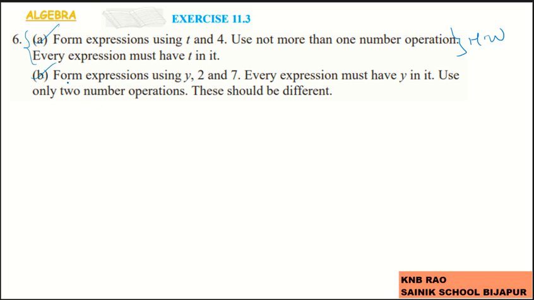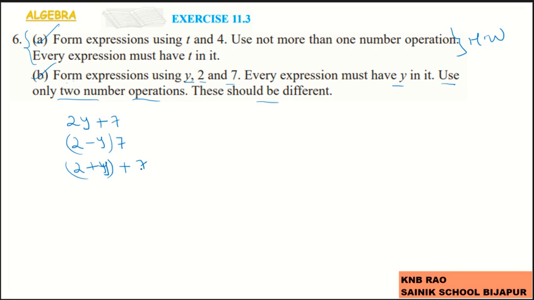I am doing B: form expressions using y, 2 and 7. Every expression must have y in it. Use only two number operations, and they should be different. For example, I will use 2y plus 7, 2 minus y into 7, 2 plus y plus 7.